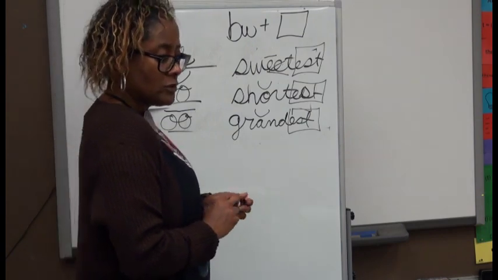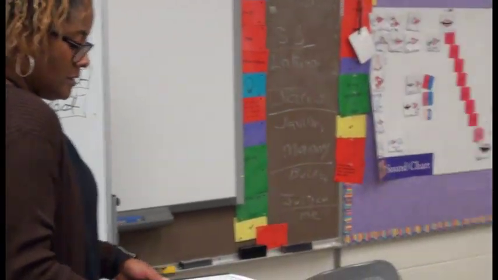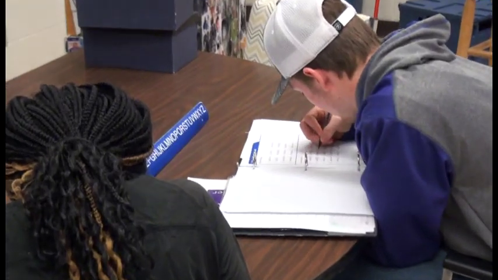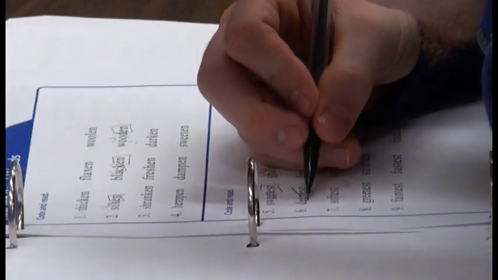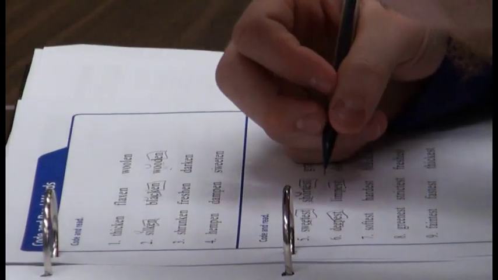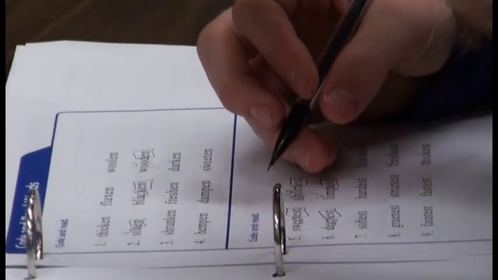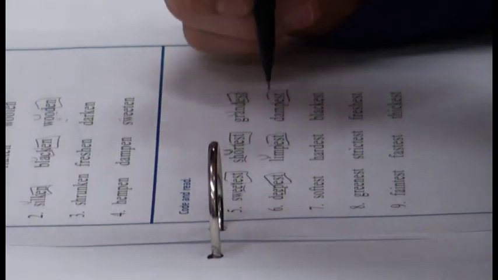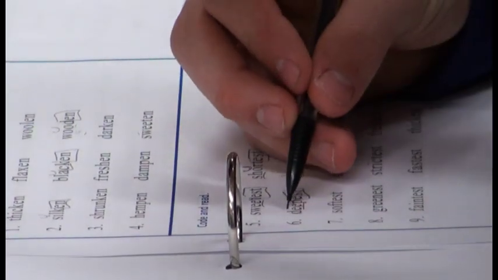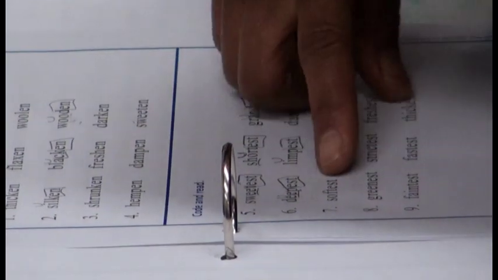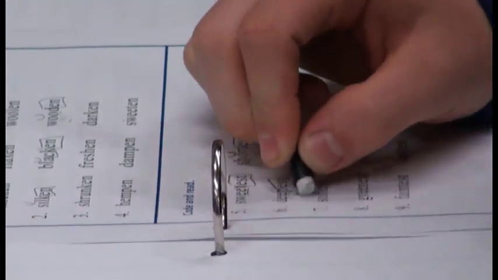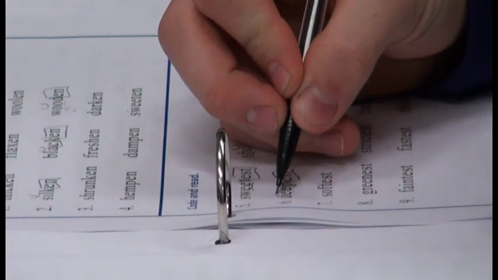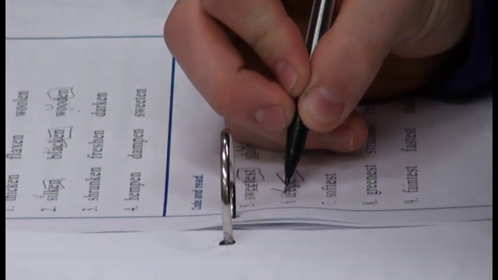Go ahead and do row 6 by yourself. Make that not a breathe, but because it's E, long E. Got it?